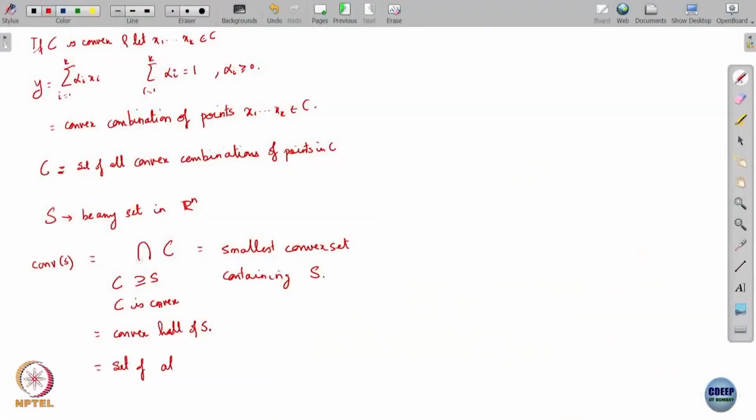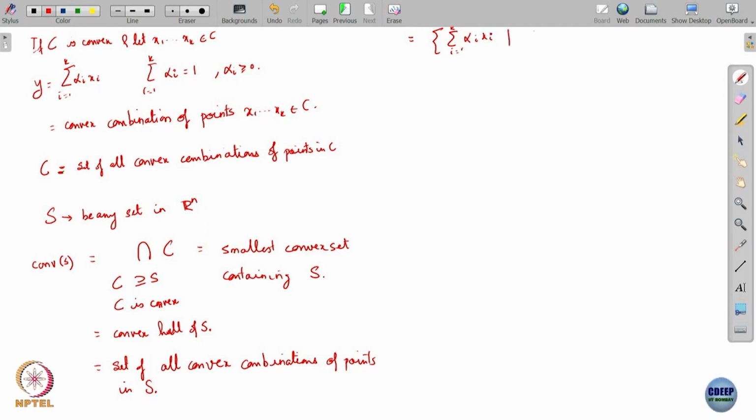This is also the set of all convex combinations of points in S. Another way of saying the same thing is, this is the set of vectors like this: summation alpha_i x_i, i ranging from 1 till k.